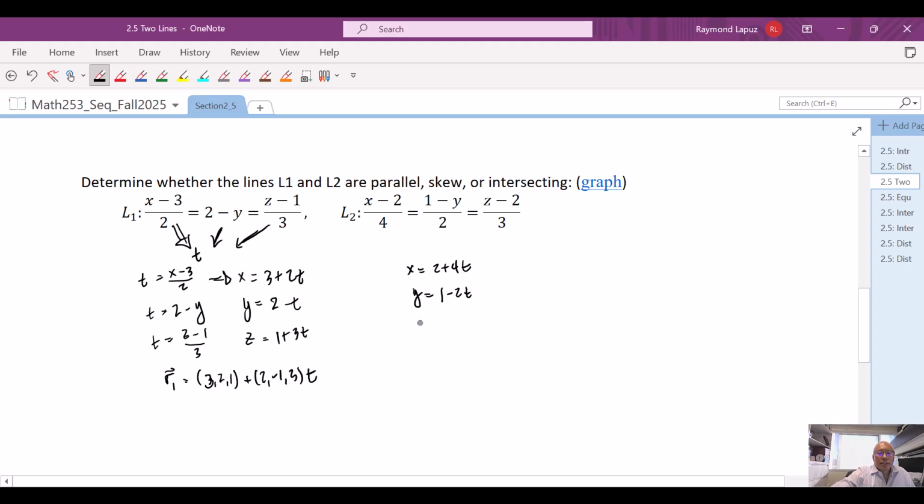We should check that to make sure that's correct. And our z is equal to 2 plus 3t. Okay. So we can find our R2, and that's equal to (2, 1, 2) as our point. And then the direction vector is going to be (4, -2, 3).